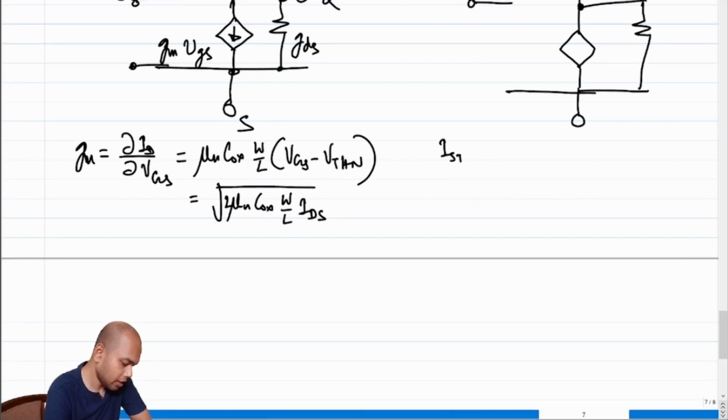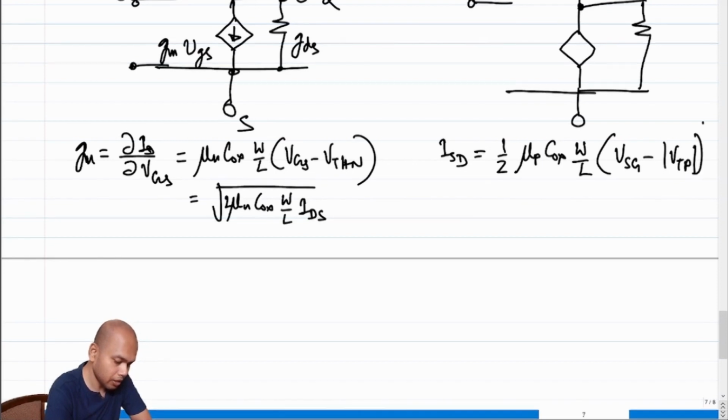So let's say ISD is equal to half mu p Cox W by L VGS, or rather VSG, minus mod of VTP whole squared, right?